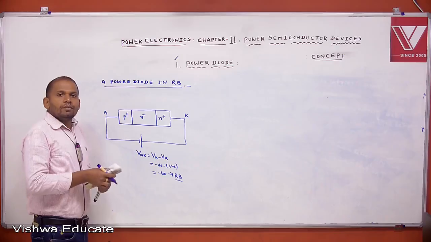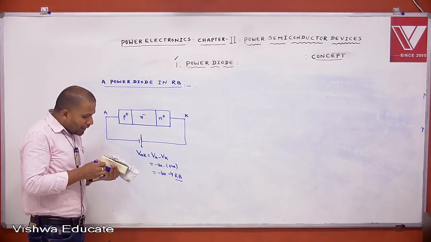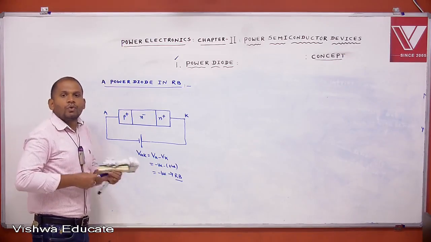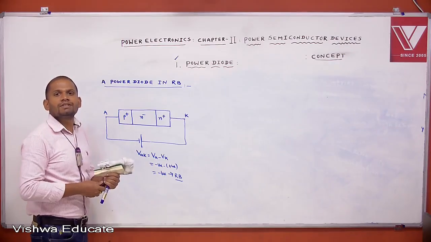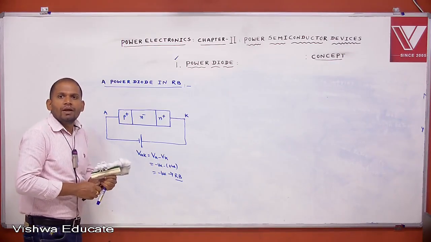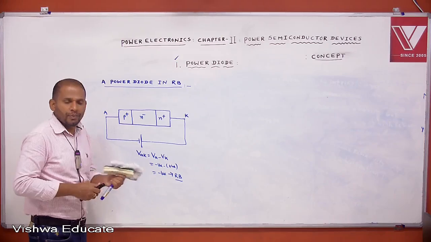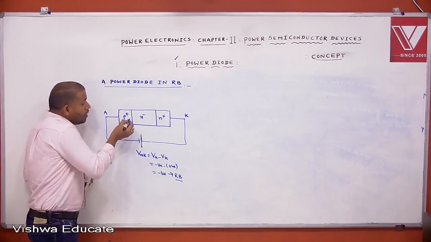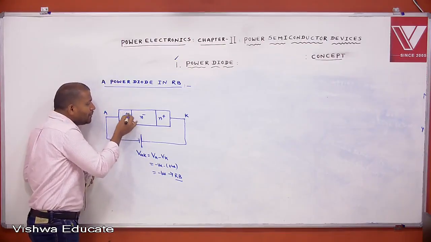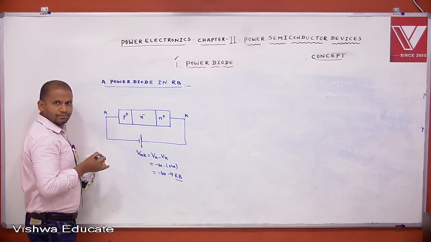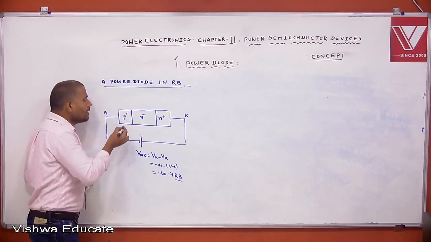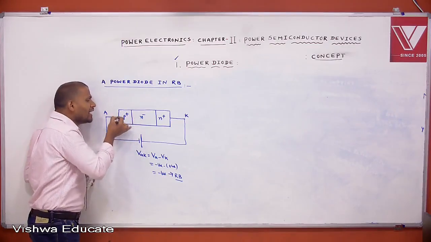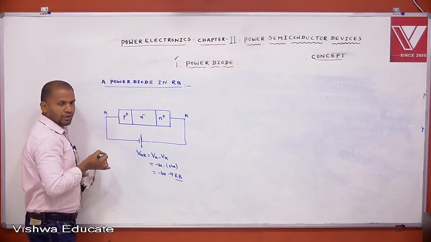Whenever a reverse voltage is applied to the diode, because of this reverse voltage, what happens? What are the majority carriers in the P layer? Holes. Holes have which charge? Positive charge.